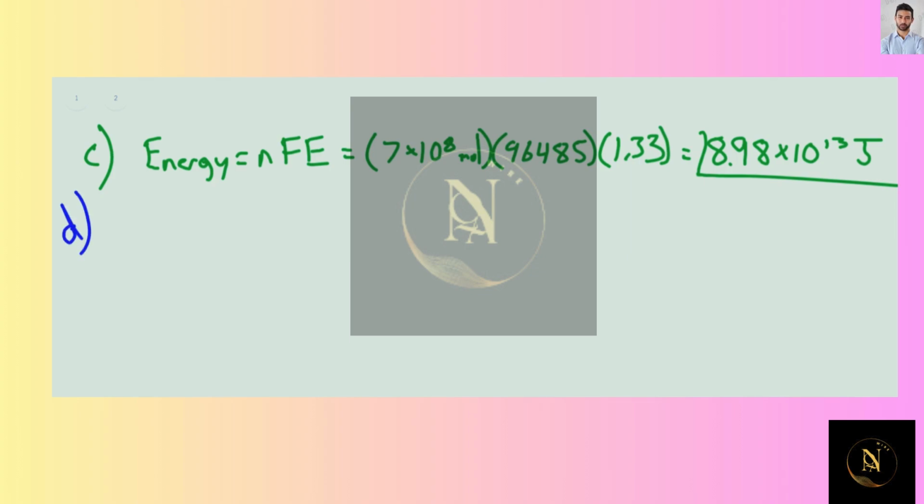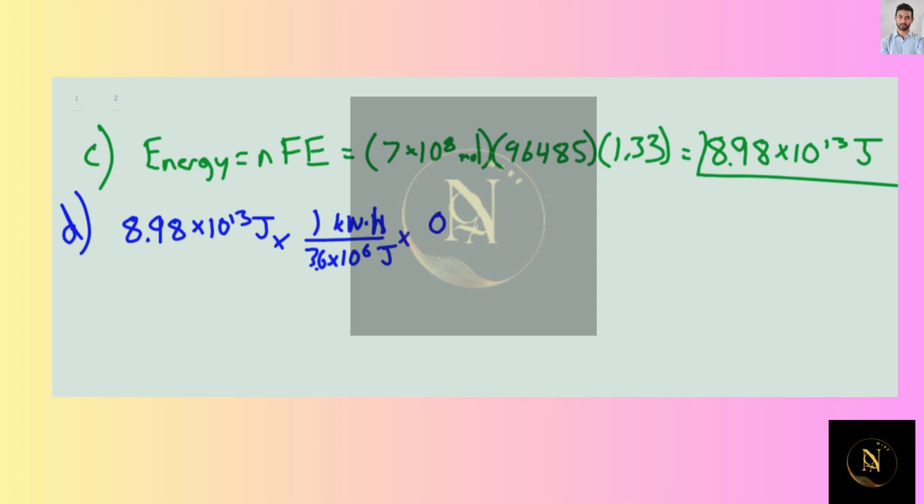In part D, they ask us, what is the minimum cost of this energy required to generate the necessary hydrogen if the electricity costs 85 cents per kilowatt hour to generate at the site? So this energy, which we just calculated, is 8.98 times 10 to the 13th joules. Our conversion between kilowatt hours and joules is 1 kilowatt hour equal to 3.6 times 10 to the 6th joules.